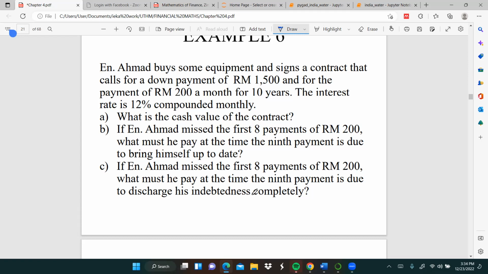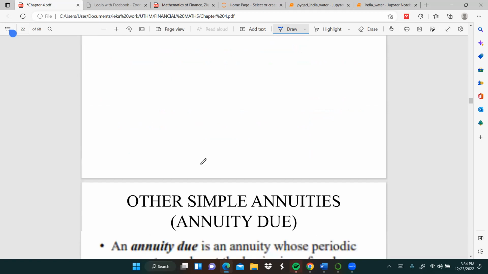Tapi pada bulan yang ke-9, dia bukan sahaja nak bayar untuk 9 bulan, tetapi dia nak selesaikan terus dia punya hutang. Okay, so berapa yang dia perlu bayar. Okay, so let's see.